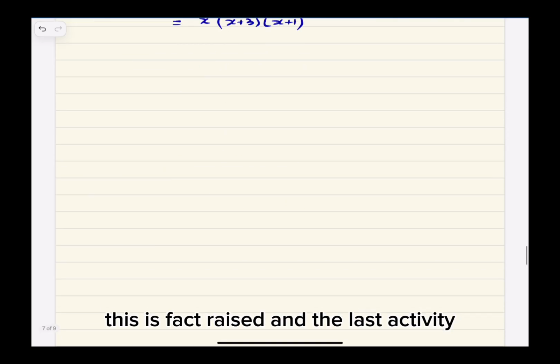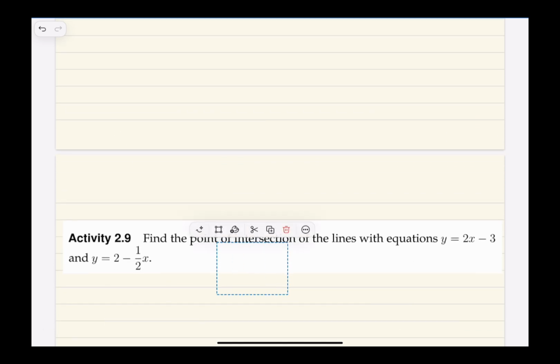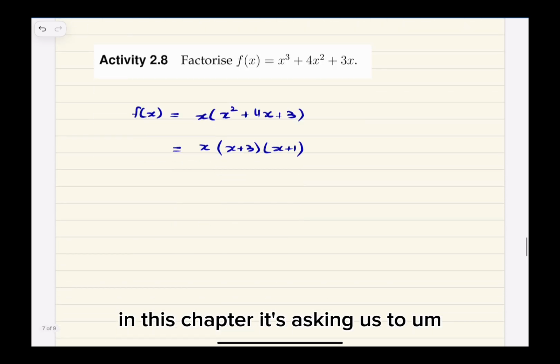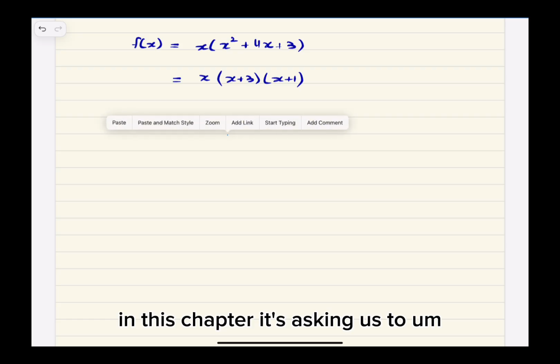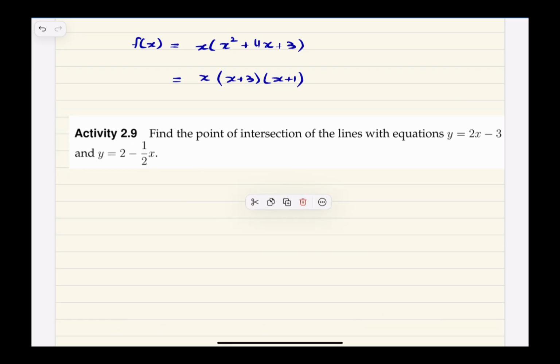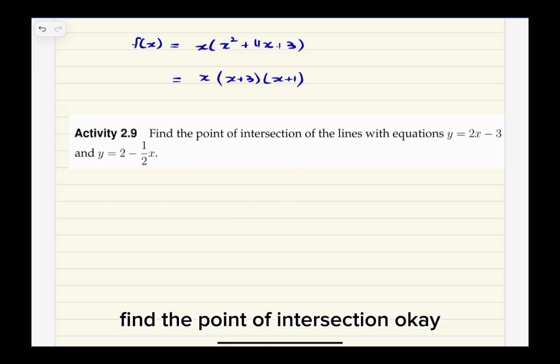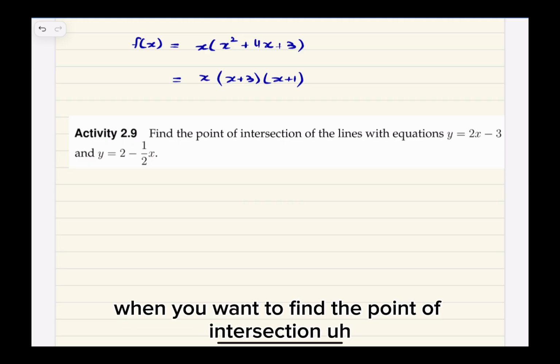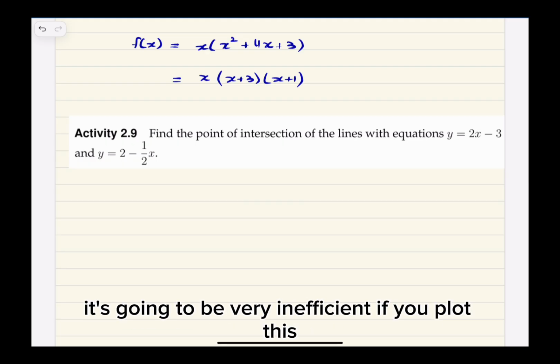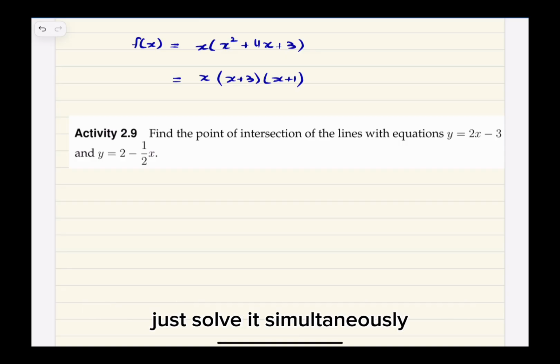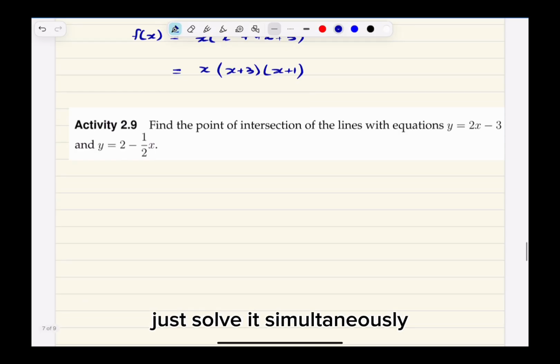This is factorized, and the last activity in this chapter is asking us to find the point of intersection. When you want to find the point of intersection, it's going to be very inefficient if you plot this. Just solve it simultaneously.